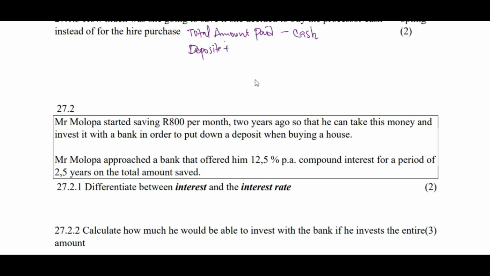So deposit plus the payback money, minus the cash. So this is the deposit, 900, plus the 8,590 rands, minus the cash money, which is 6,499. So how much are we looking at saving?